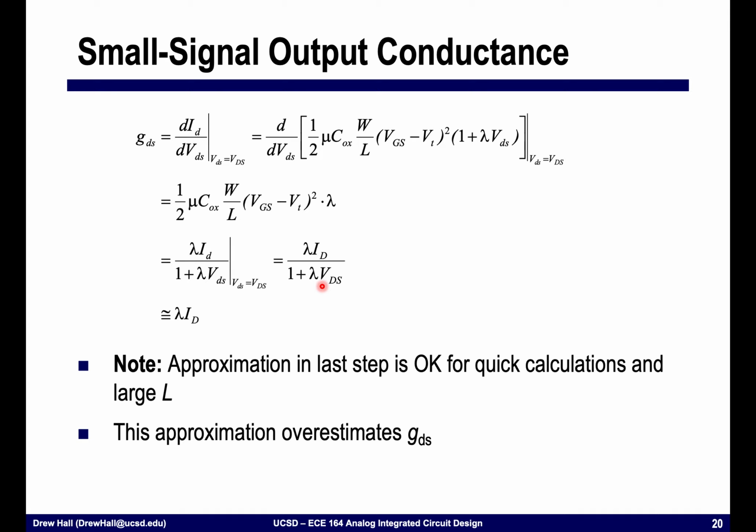The approximation that we're making here is that the channel length is rather long, and so that lets us say that this last term is effectively 1. And so in the denominator, we simply have lambda ID over 1, that this goes to 0. So how good is this? Well, this approximation tends to overestimate GDS, which is typically a reasonably good thing. I would rather have a little bit of margin and know that I have margin in that.